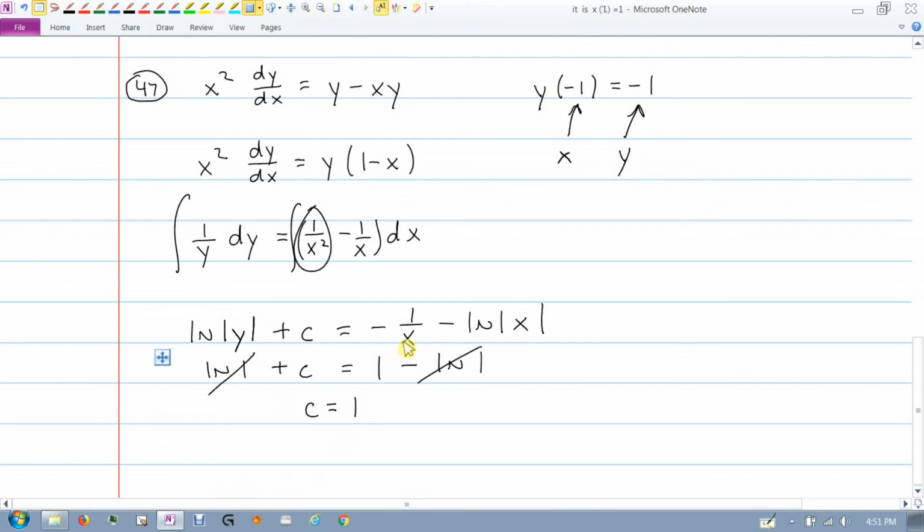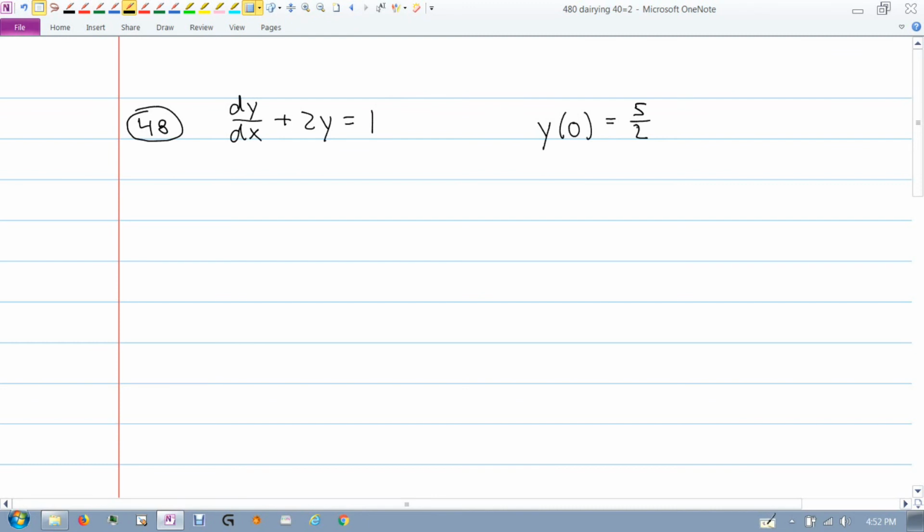48. dy dx plus 2y equals 1. Y of 0 is 5 halves. Doesn't look too bad there.